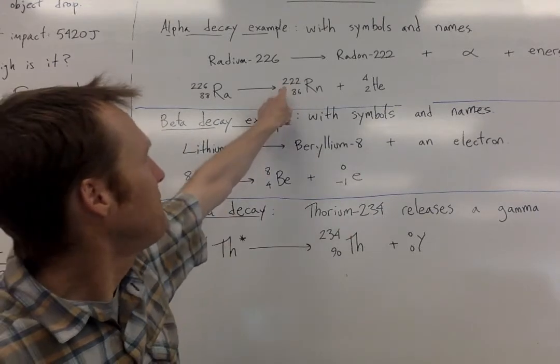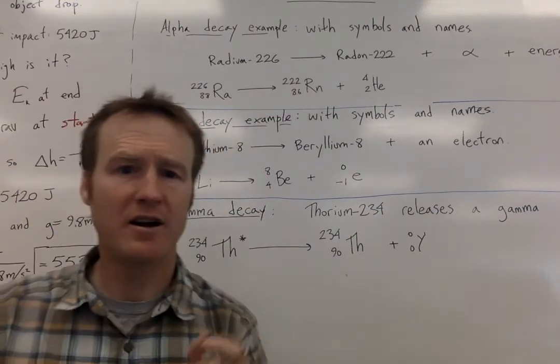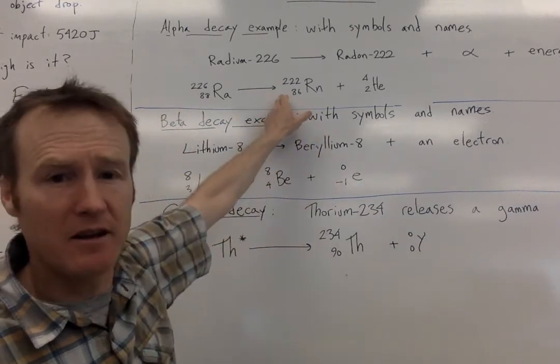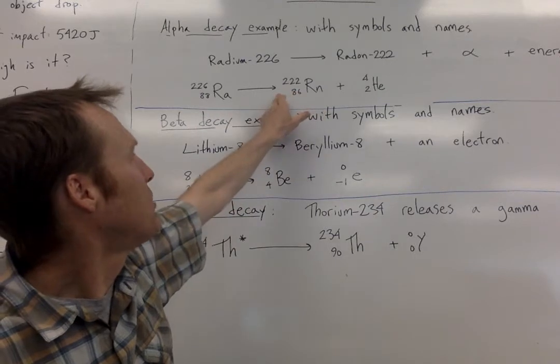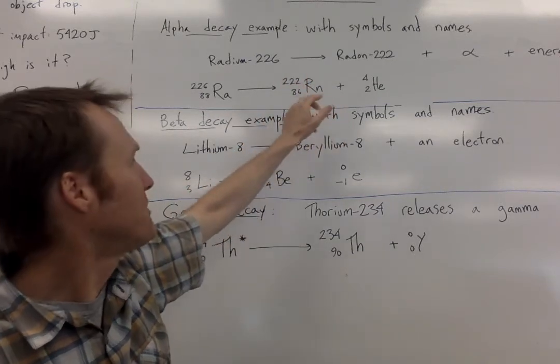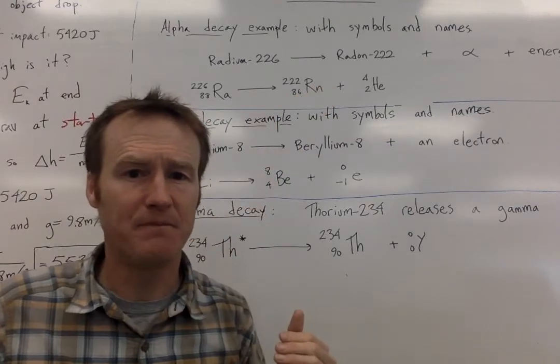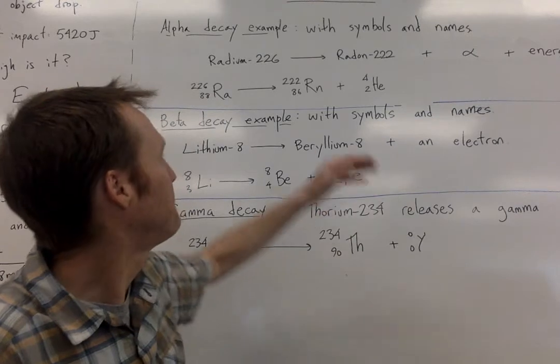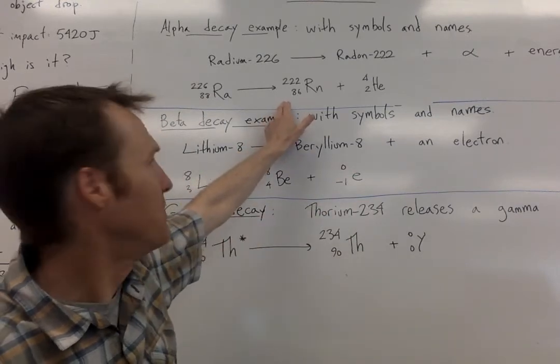But at the level of these numbers right here, we're not going to break the law. The protons are staying protons, the neutrons are staying neutrons, and the sum of the numbers across the top will equal the sum of the numbers across the bottom. In fact, that is always true.